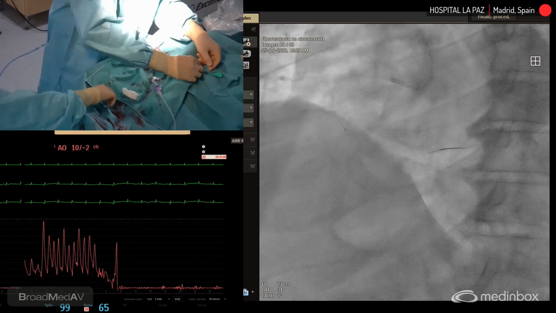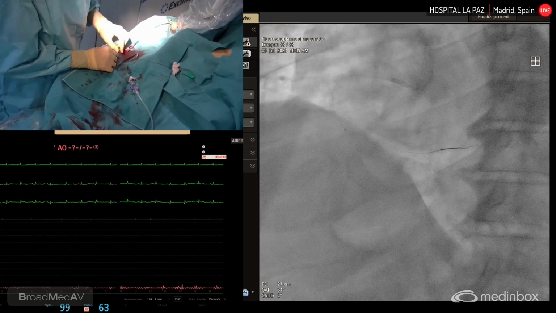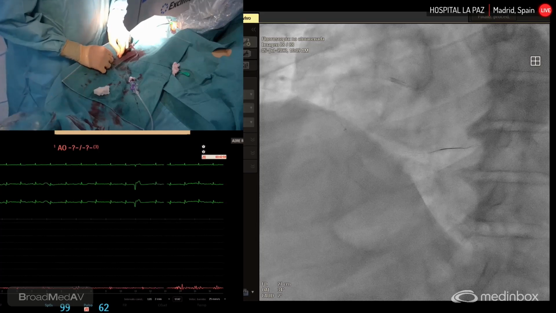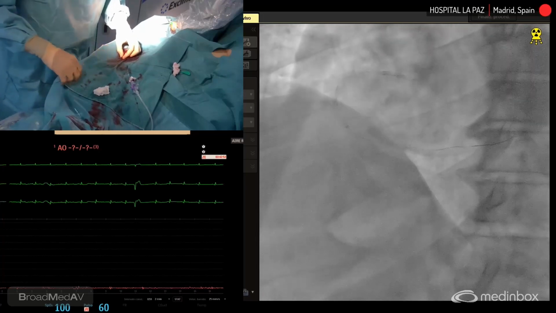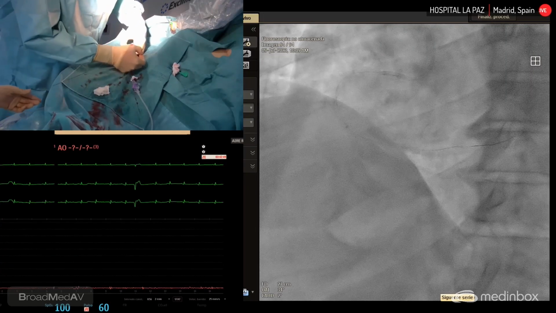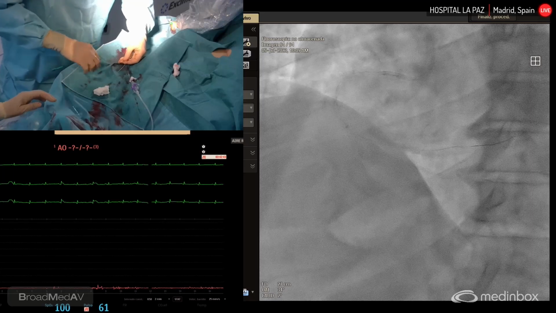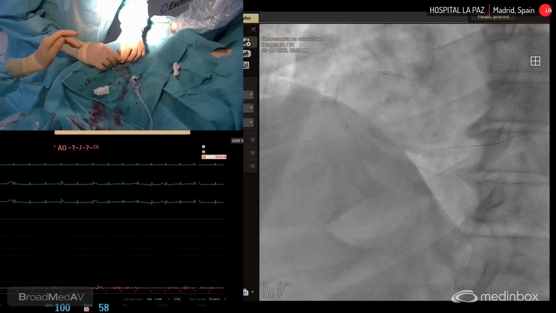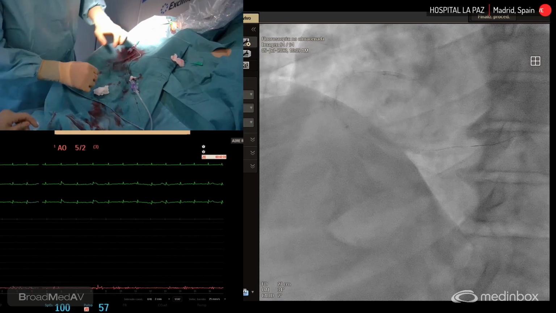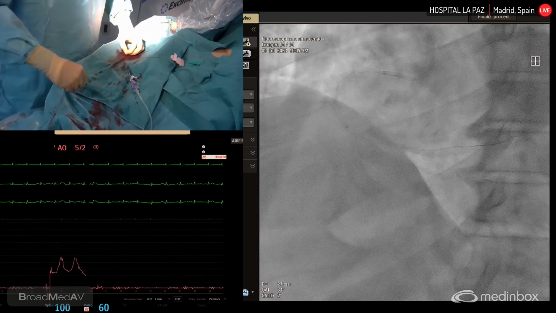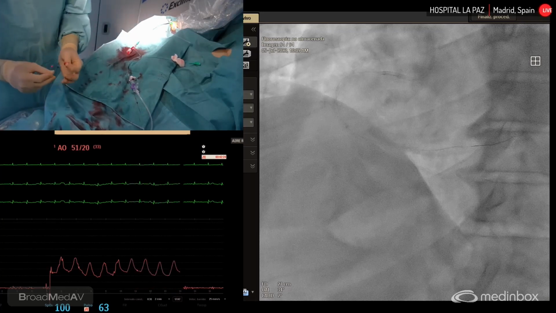Una gasita, por favor. Todo retorcido. Así. Okay. The OCT.